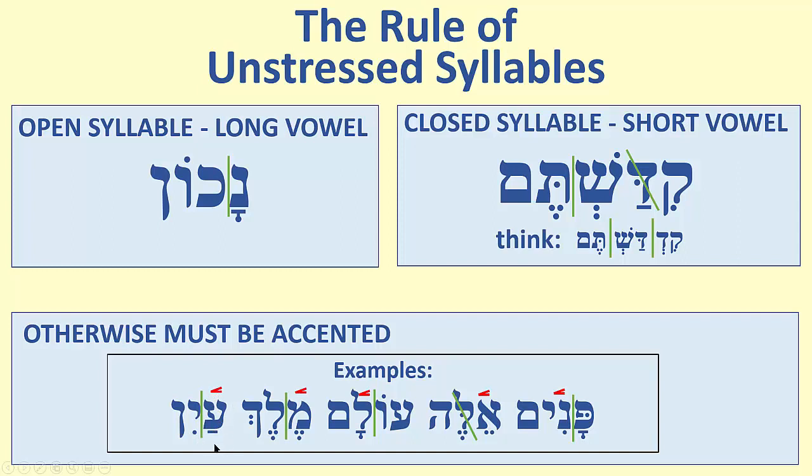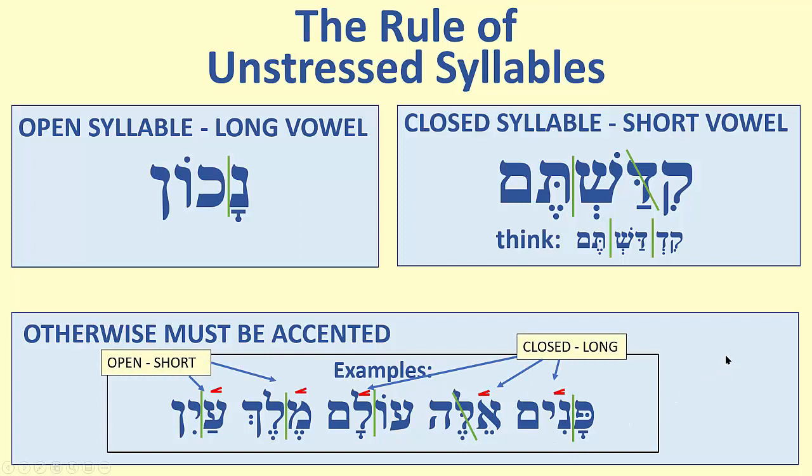This ayin and patach is an open syllable with a short vowel, so it must get the accent. Ayin. In these three examples, we see a long vowel in a closed syllable, so we know that that gets the accent. And in these two examples, we see a short vowel in an open syllable, so we know it must get the accent.